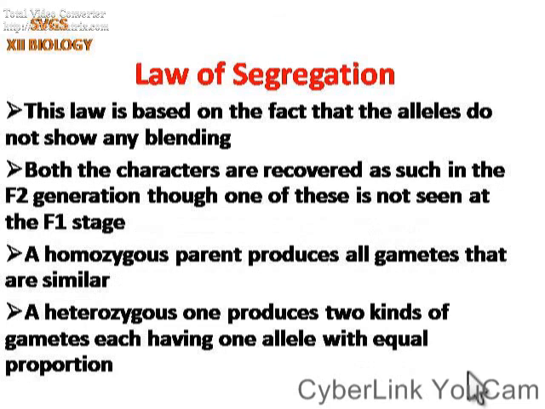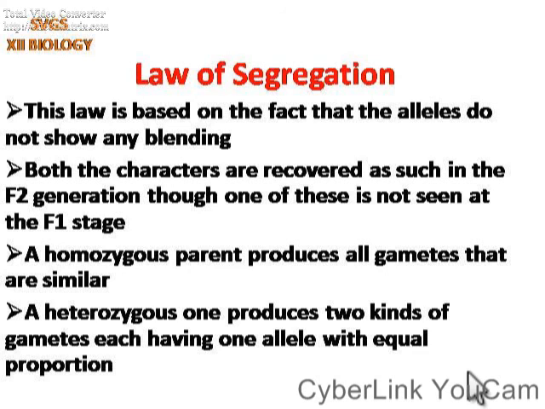The second law is about segregation, that is, the law of segregation or law of purity of gametes. Both are the same. This law explains that the two different alleles will not blend together. All these characters will be expressed individually. The gametes cannot be hybrid.